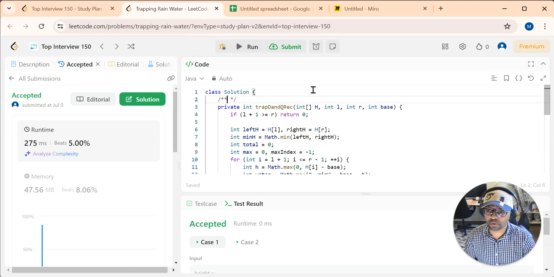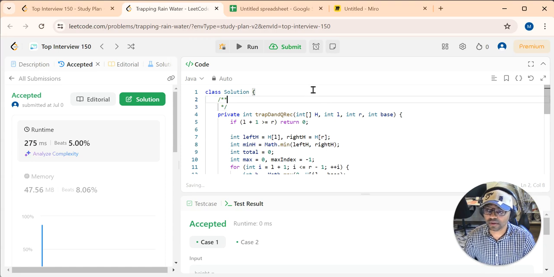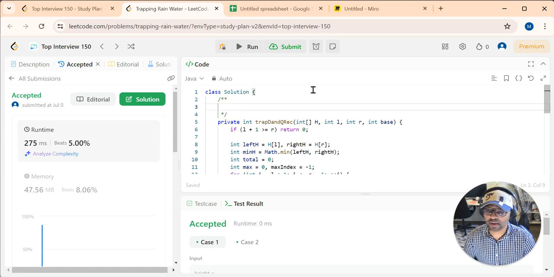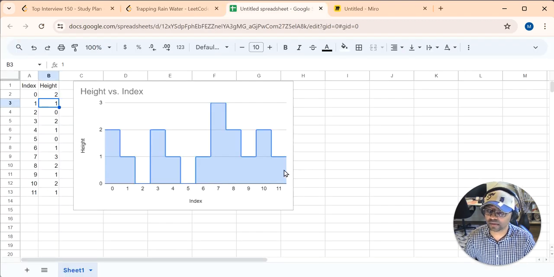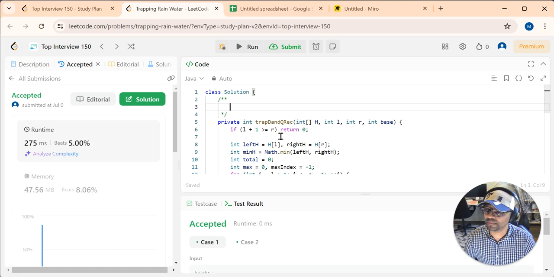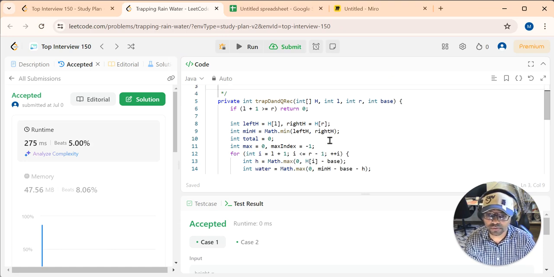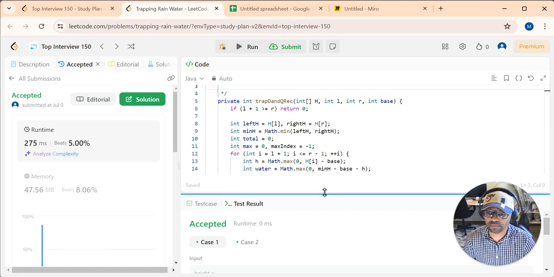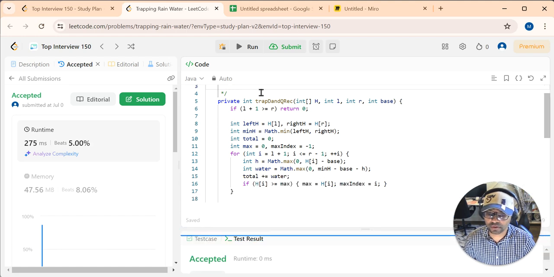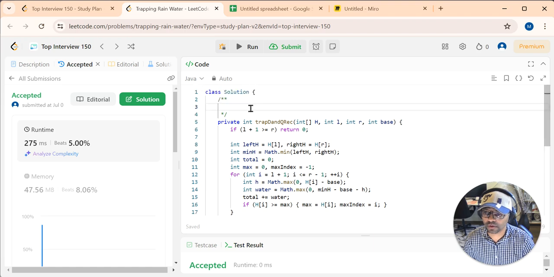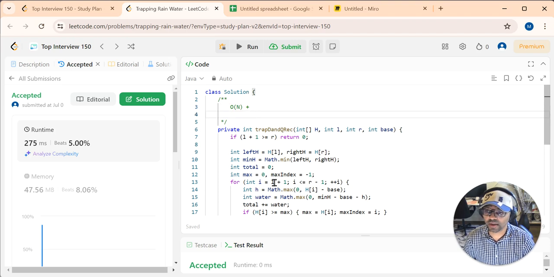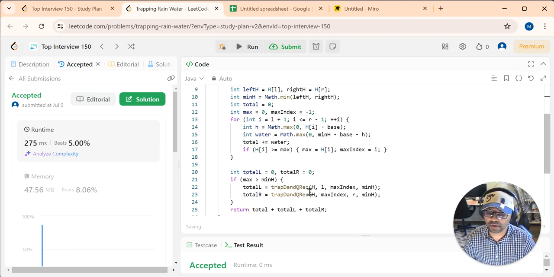So if we think about it, let's say we are given an array of size n, right? Then in that case, we will run one for loop, which is O of n. And then we make two recursive calls, each on a subarray. Let's say they are equally divided, so two calls of n by 2.